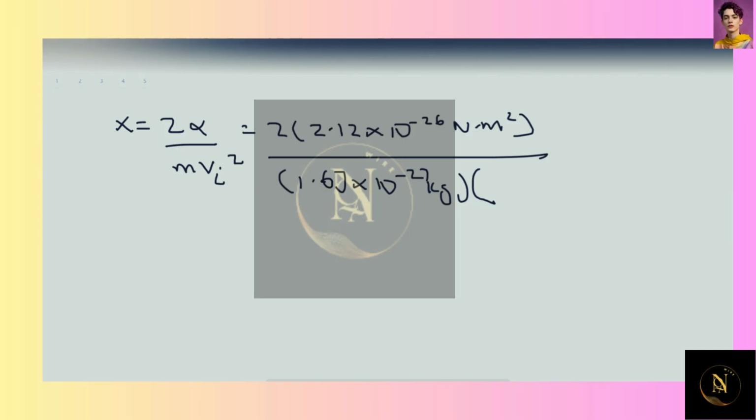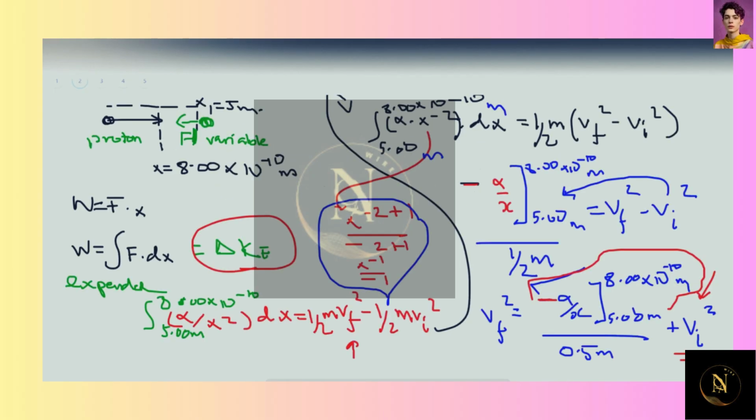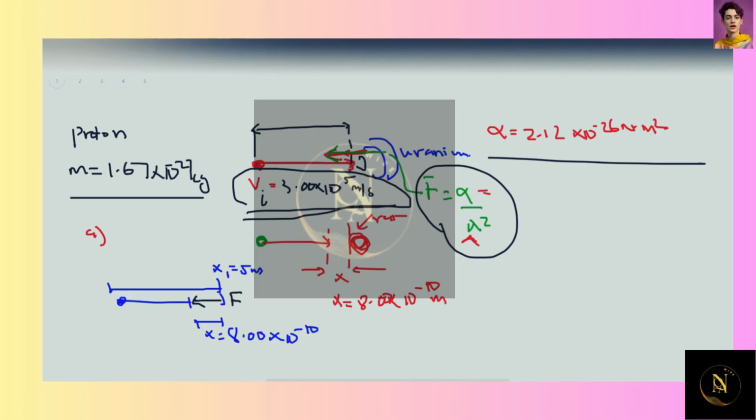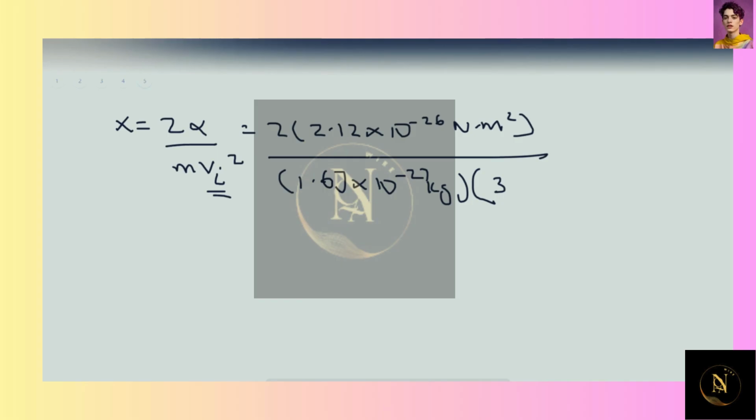Also, we have to plug in the initial velocity, which you can see from the beginning slide is 3.00 times 10 to the 5 meters per second. That's going to help you solve for x, and it rounds out to about 2.82 times 10 to the negative 10 meters.